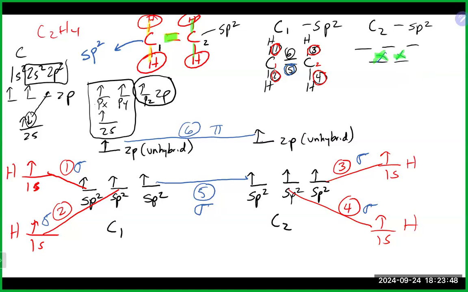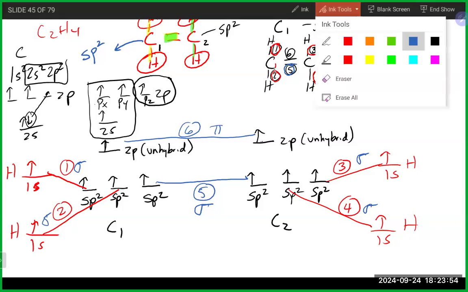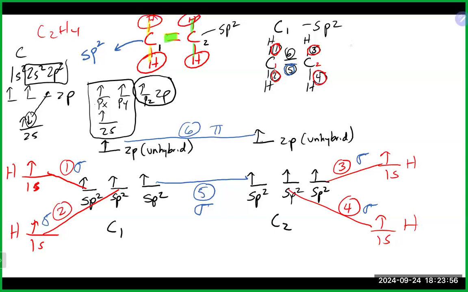We have our p orbitals that are unhybridized, which means we have a p orbital for carbon number 1 that looks like that, and another p orbital for carbon number 2 that looks like that. And the way that these p orbitals overlap is what is referred to as sideways overlap.